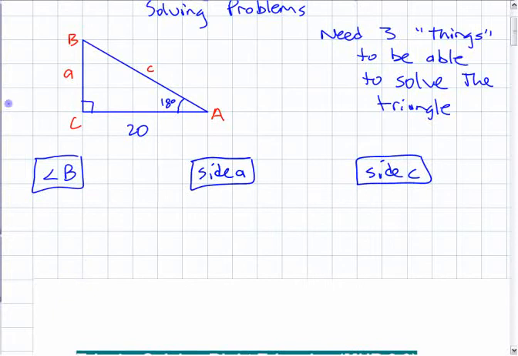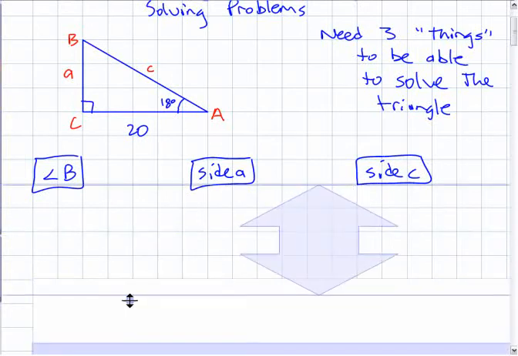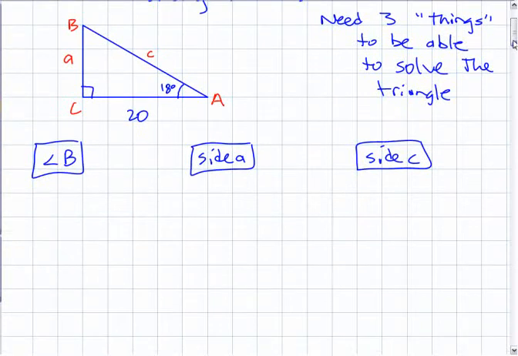You may have learned something about a triangle, about what the angles add up to. What do the angles in a triangle add up to? 180, right? You got to use the fact that the angle sum of a triangle is 180 degrees.